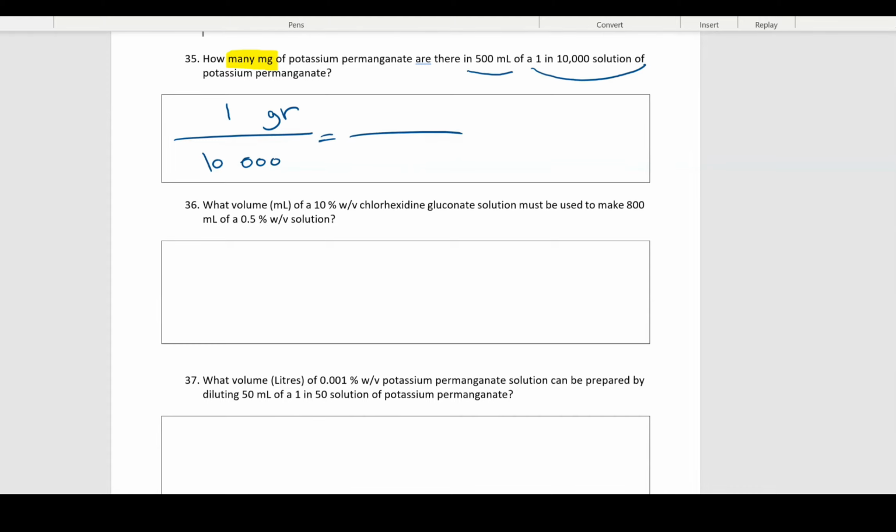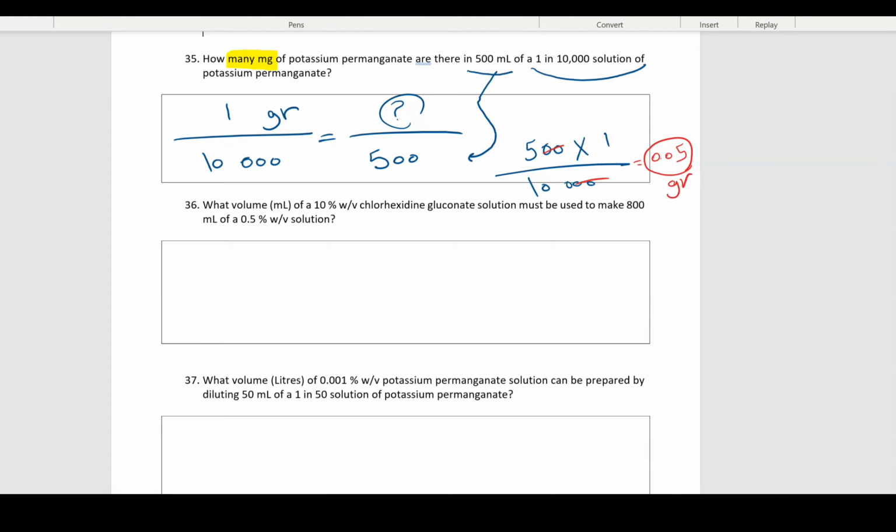So for 500 milliliters, how many grams are in here? We have 500 times 1 divided by 10,000. The zeros cancel each other, 5. The answer is 0.05, and this is in grams.